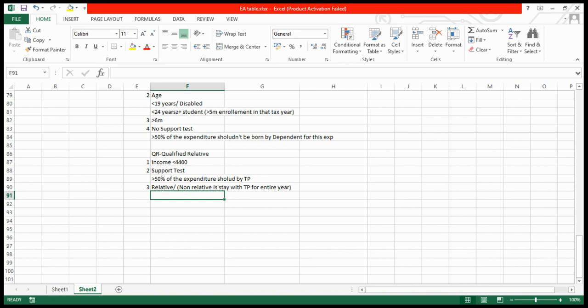So we have to see what the support is, what the inclusions are, and what the exclusions are. There is a list. I will tell some examples: if someone is providing food, shelter, clothing, medical, education and vacation, these are all part of support. So you have to calculate the total amount, and out of that, whoever bears 50% is mainly qualifying for the dependent.